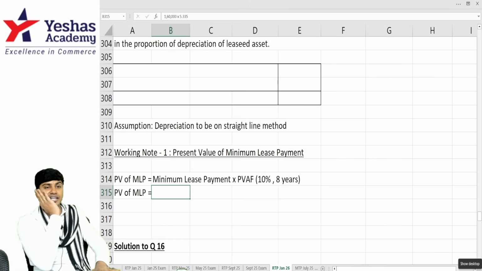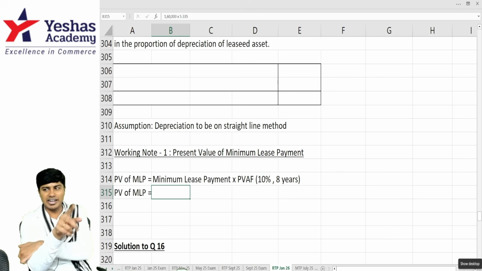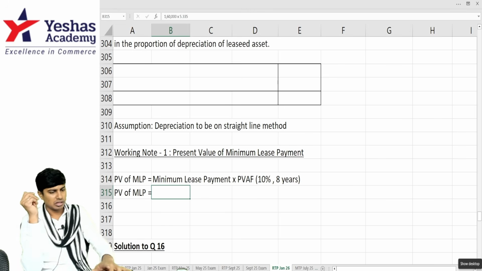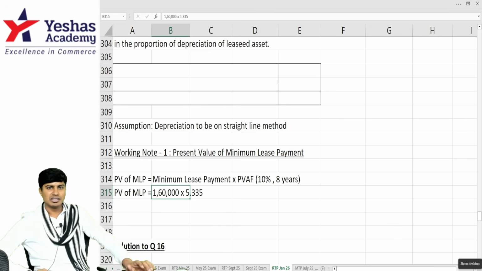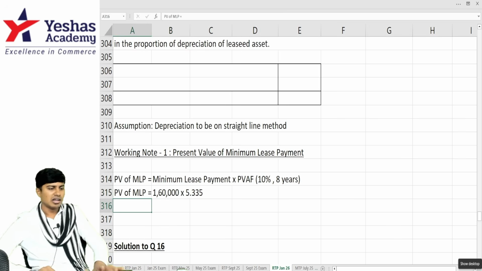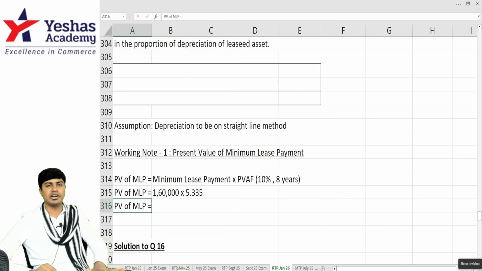We have to do GT at the end because it is an annuity factor. 1 divided by 1.1 is first year, second year, third year, fourth year, fifth year, sixth year, seventh year, eighth year. Then click on GT to get the total. 5.335 is the present value annuity factor. Do 1,60,000 into 5.335.